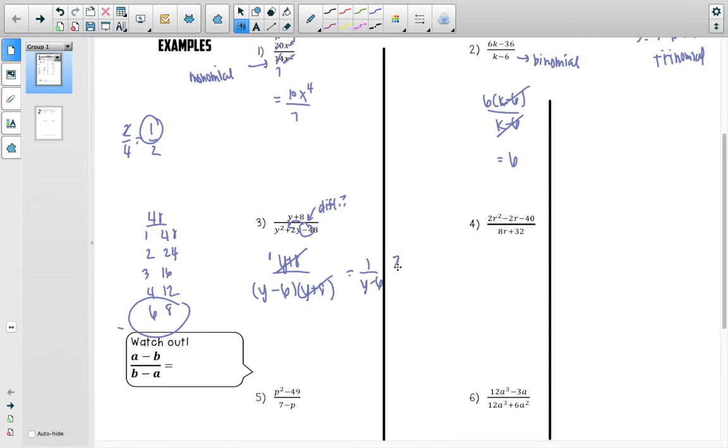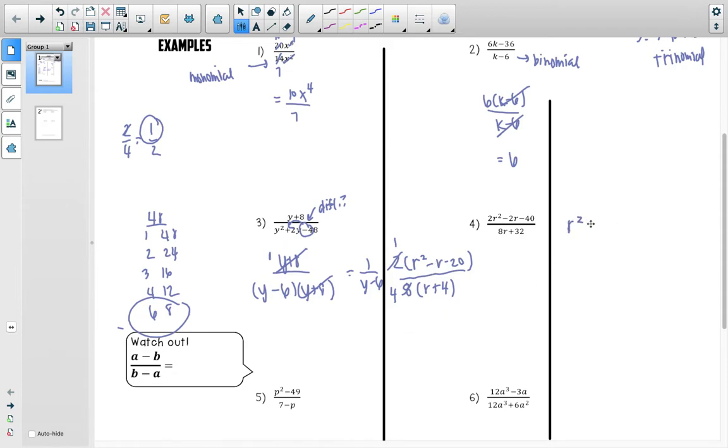So the greatest common factor is 2. So you're left with r squared minus r minus 20. And on the bottom, you ask yourself, is there a greatest common factor? And there is, and it's 8, which leaves you with r plus 4. Now, the 2 and 8 can simplify, so that gives you 1, and this gets you 4. But this can simplify, that can factor, and we did the same type of factor in here. So we're going to find the factors of 20 that give you 1.